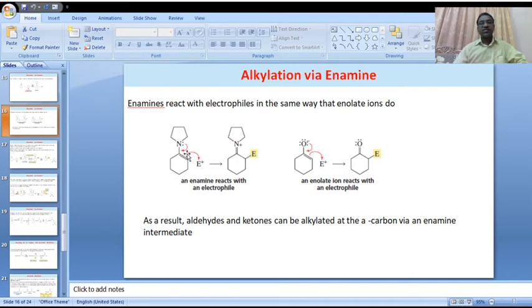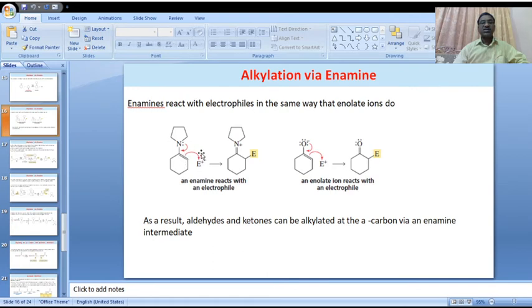Here, the same enamine: on the nitrogen atom, it contains a pair of electrons. That pair of electrons donates to this side. Here a new pi bond forms, and the nitrogen atom loses electron density because it gets a positive charge.